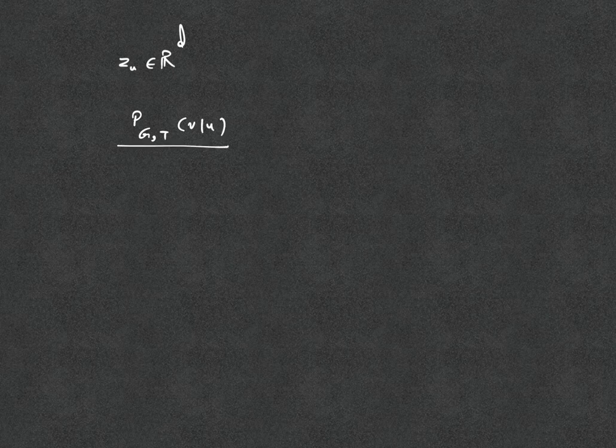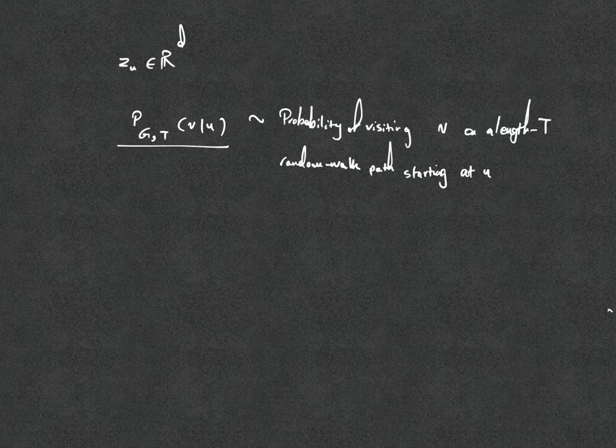The goal in these approaches is to learn node representations Z_U such that if you consider this probability, P_G,T(V|U), to be the probability of visiting node V on a length T random walk path that starts from node U. So this is just a notation here.